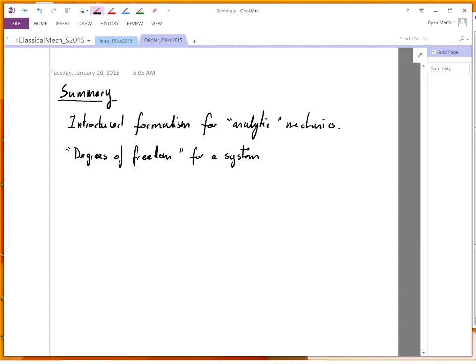And so the number of degrees of freedom is the minimum number of scalars required to describe a system.